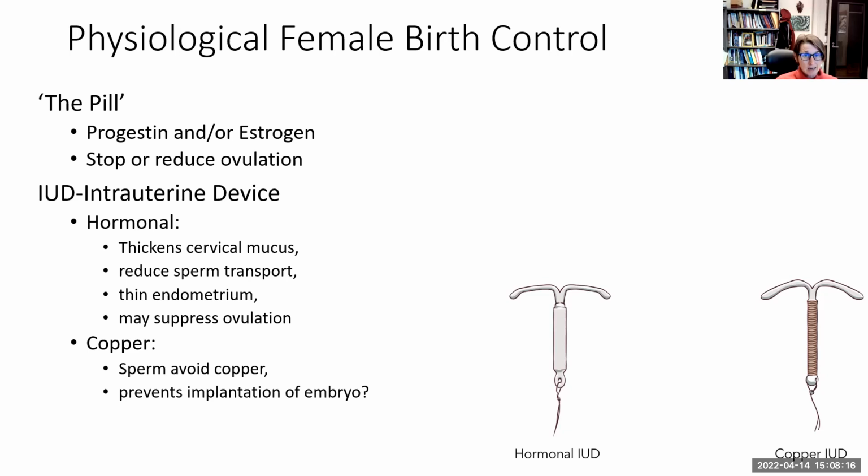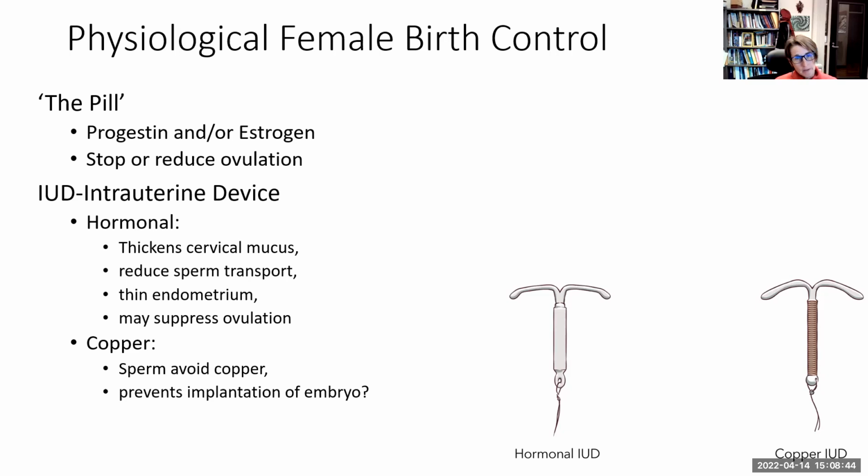And so they don't build up a thick enough endometrium to support a fertilized egg. And it may suppress ovulation, but that's not always clear, or it varies from woman to woman, whether or not it suppresses ovulation. But since it does thin that endometrium, even if the egg is fertilized, implantation won't happen because the endometrium isn't thick enough to support a pregnancy.